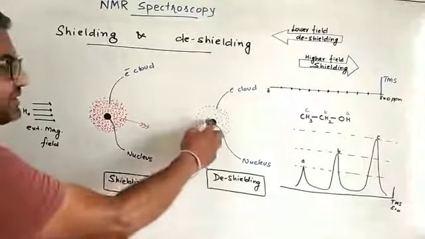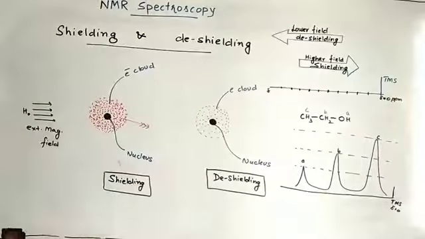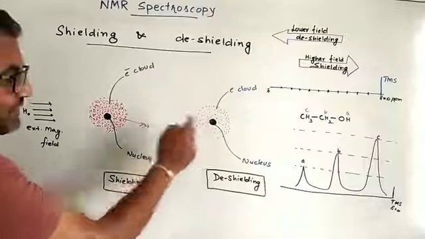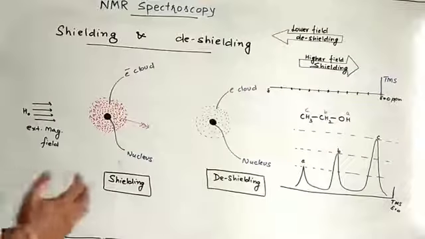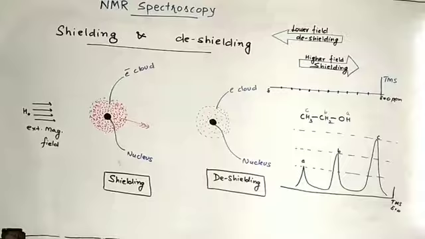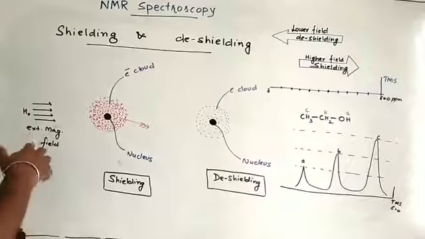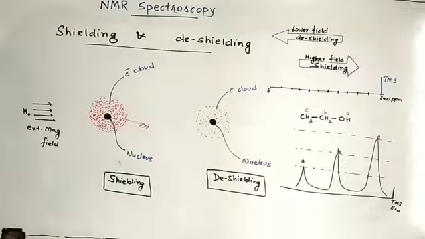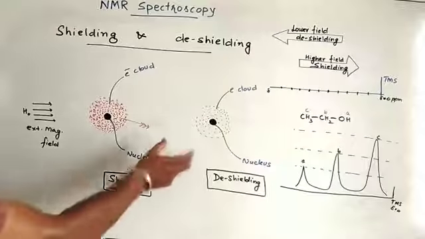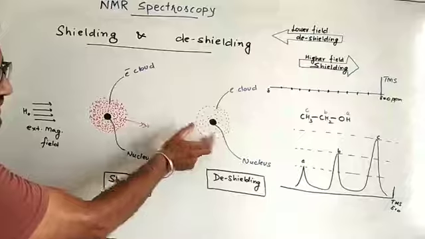When the electron density decreases, the required external magnetic field strength also decreases, because now the proton in the nucleus can feel the external magnetic field. So we do not require too much strength of external magnetic field to bring that proton into resonance. We require a small strength of external magnetic field.